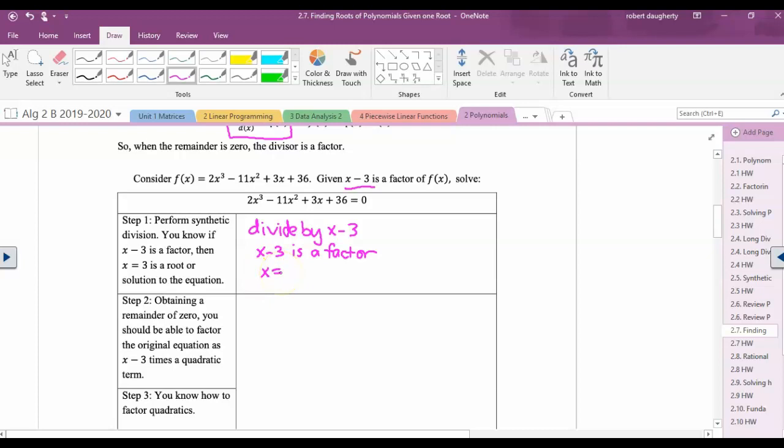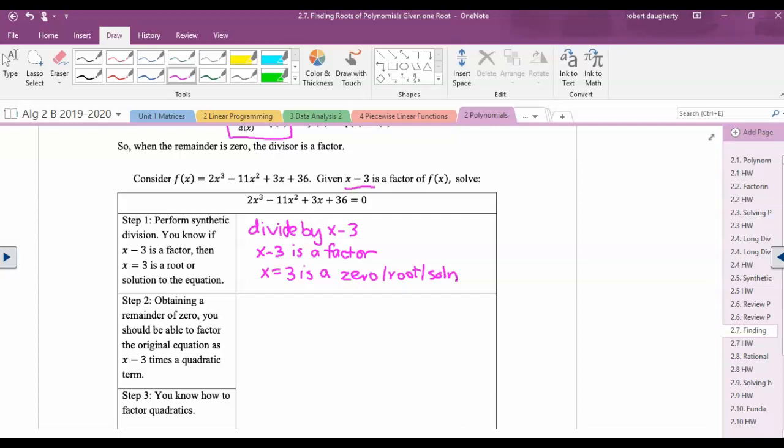What happens when you set x minus 3 equal to 0? Yeah, x equals 3, and you're going to see lots of these words. It is a 0. It is a root. It is a solution. Those things are all interchangeable, okay? So if x minus 3 is a factor, x equals 3 is the solution.